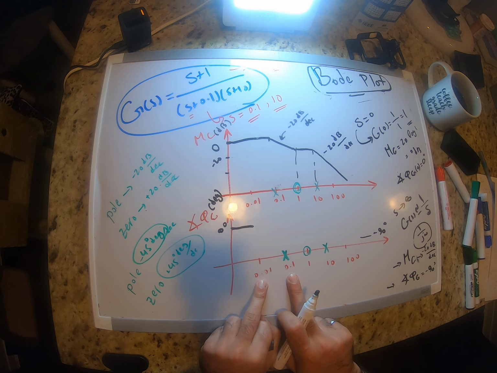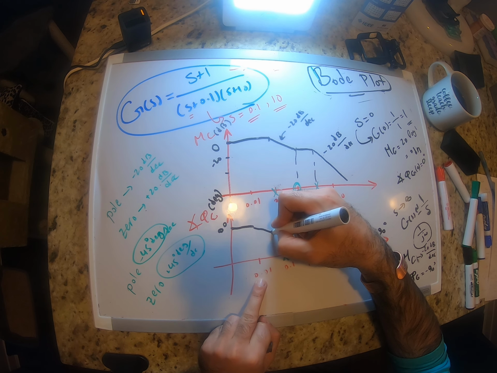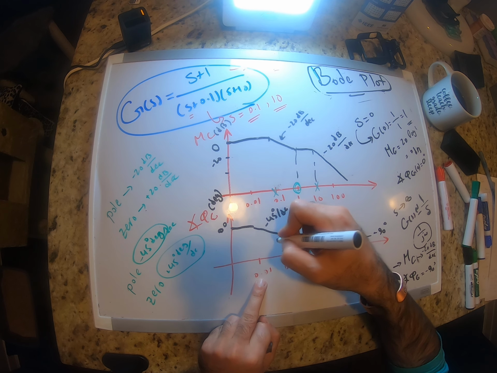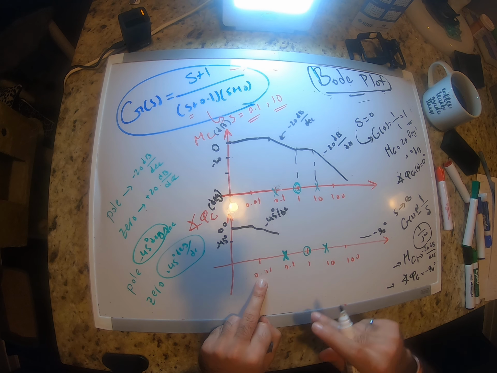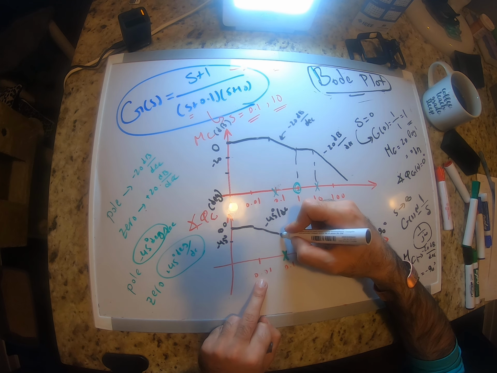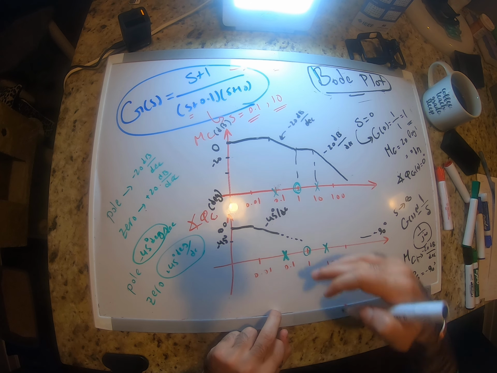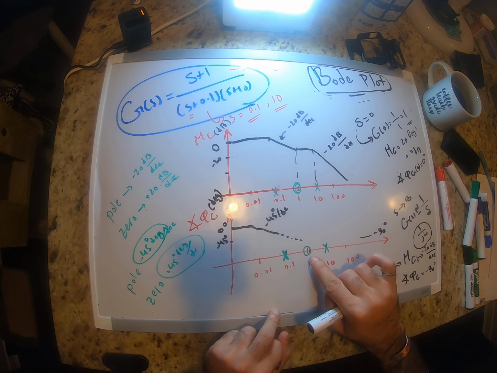So from 1 decade before this, we're going to have a line that goes minus 45 degrees per decade. At this point we're going to get to minus 45 degrees, and it's going to continue, up to here. And then it wouldn't have any impact after that. But at 1, we have a zero, right?